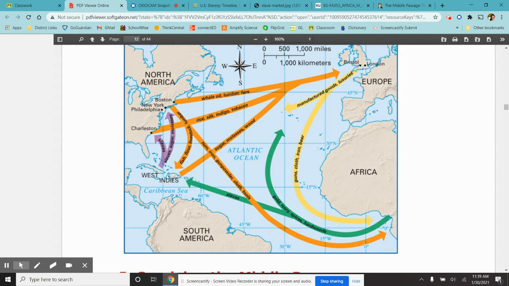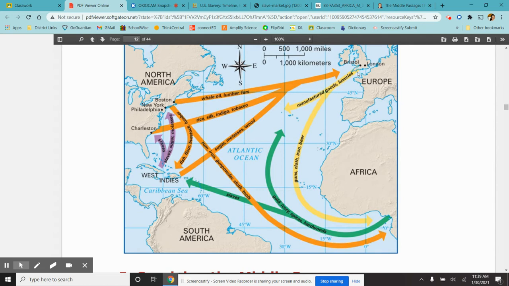And the purple signifies everything coming from the West Indies, so the Caribbean, right? You had slaves, sugar, and molasses going to the colonies, and you had slaves going to the southern colonies. Or I'm sorry, slaves, sugar, and molasses were going to the northern colonies. And you saw everything going from the Americas.